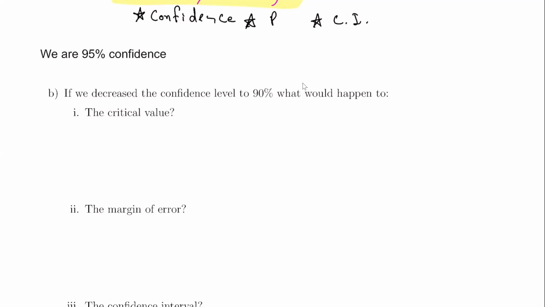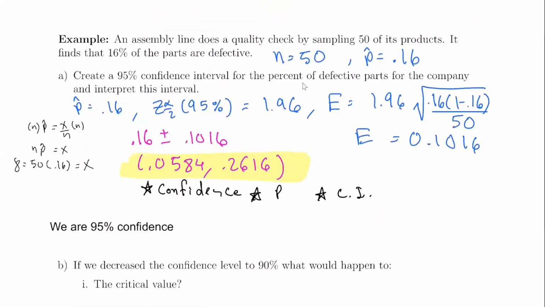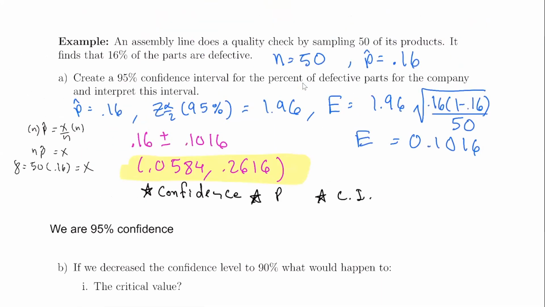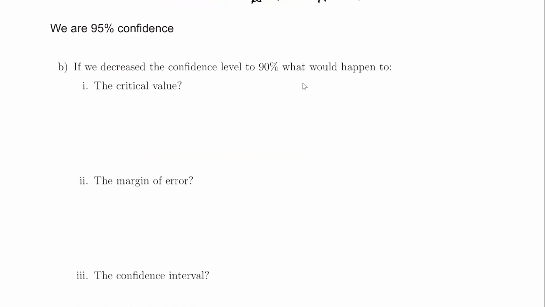The next thing you want to do is put the population proportion in the context of the problem. So what are we trying to find? We're trying to find the proportion of defective product in this batch.